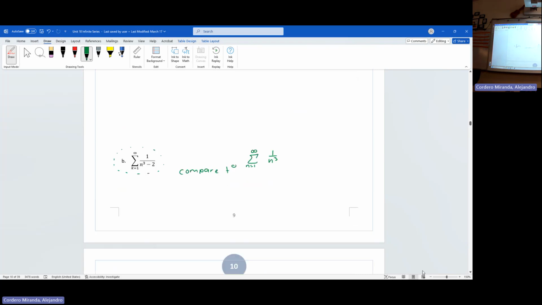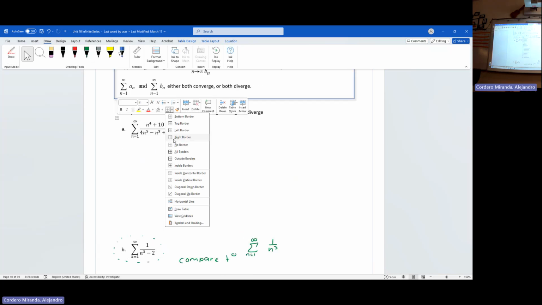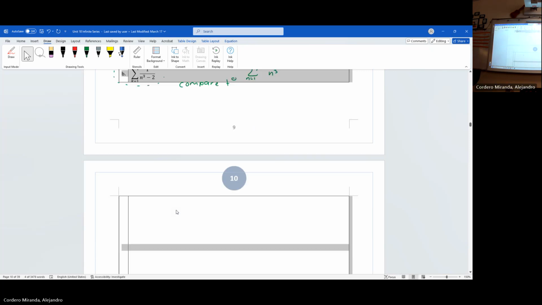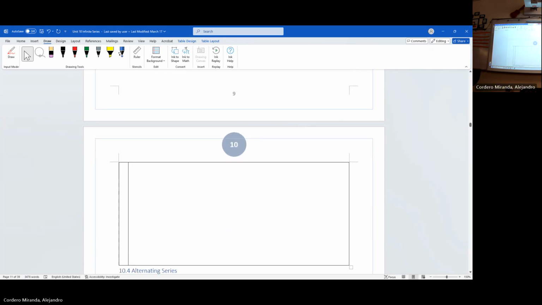I think this is the table again, which doesn't like when I write on it, so give me a second to show all the borders. Boom, all borders. Okay, let me make some room down here. Again, the two things.